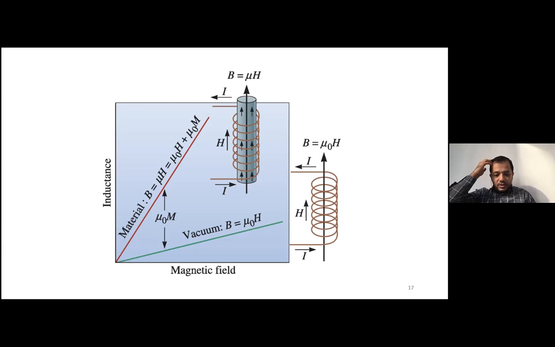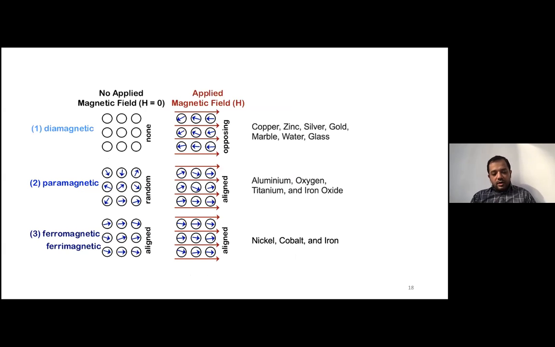And we can trace that. So if we have inductance versus magnetic field, we can trace how this inductance appears with different materials. And so this is how we can classify all materials, in fact.